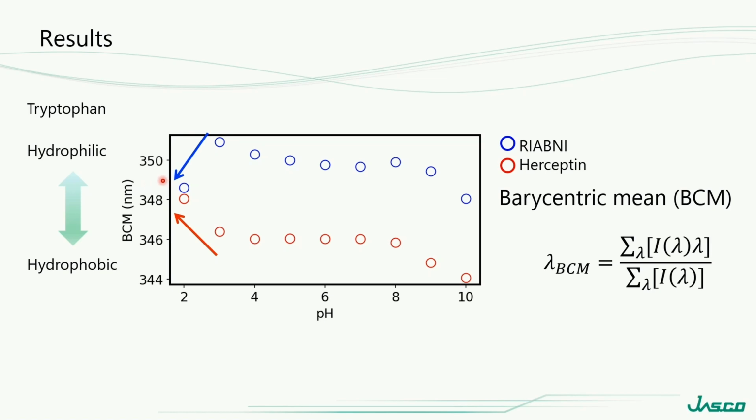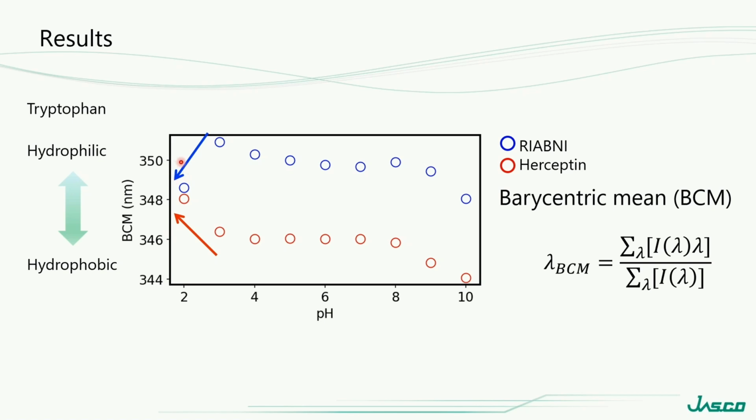At pH 2, tryptophan of Herceptin was found to be in a more hydrophilic environment. Maybe the structure was denatured, whereas very interestingly, rheanine was found to return to a hydrophobic environment.